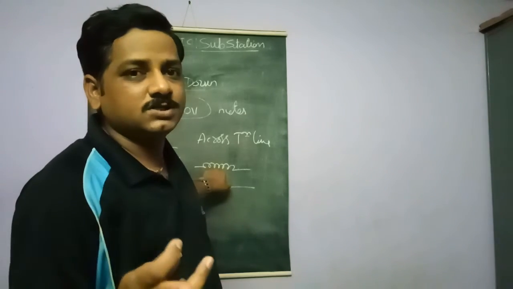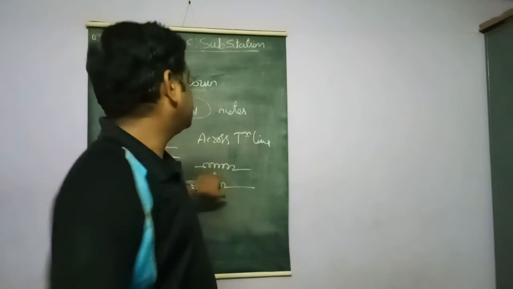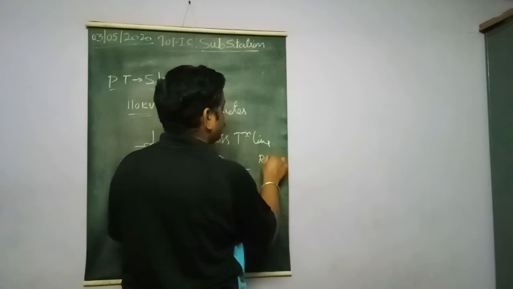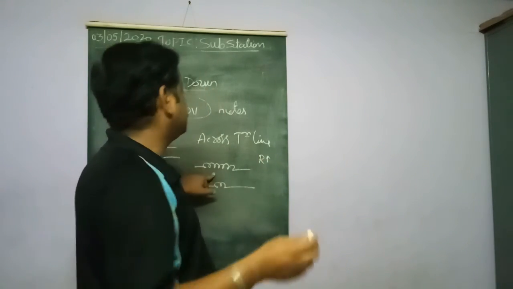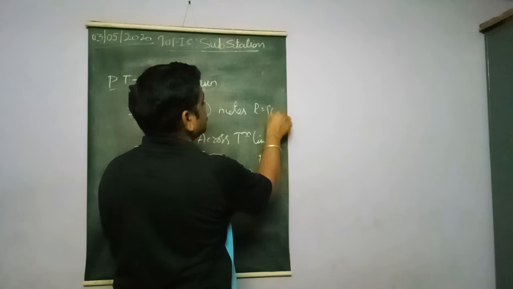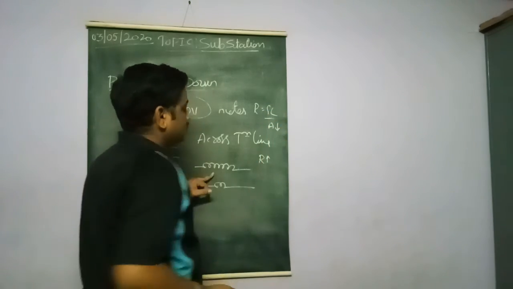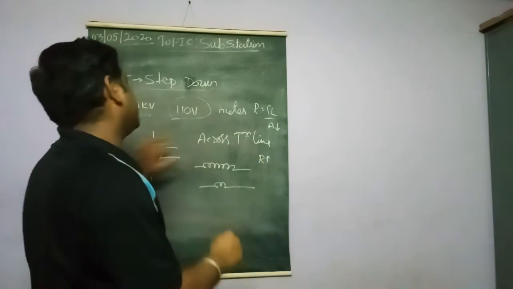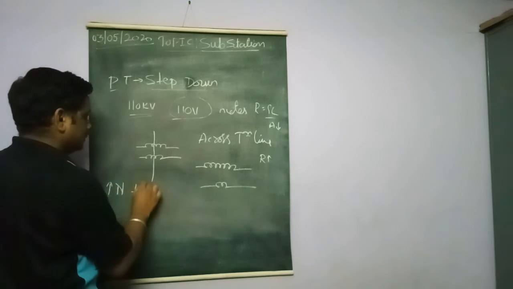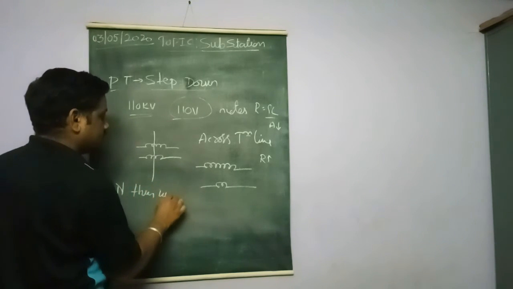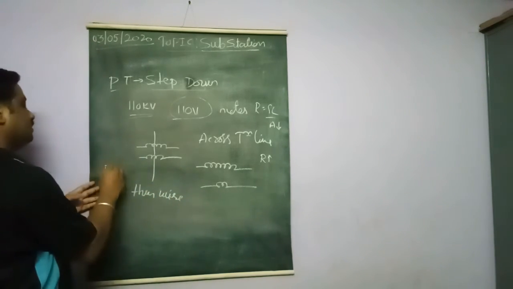If you want more voltage, what should the resistance be? Resistance should be high. If you want a high resistance, what is the concept? Resistance should be high means what about the area? Area should be low. So here in the primary we can write that the primary has more number of turns and a thin wire. That is about the primary. It is just opposite to the CT.